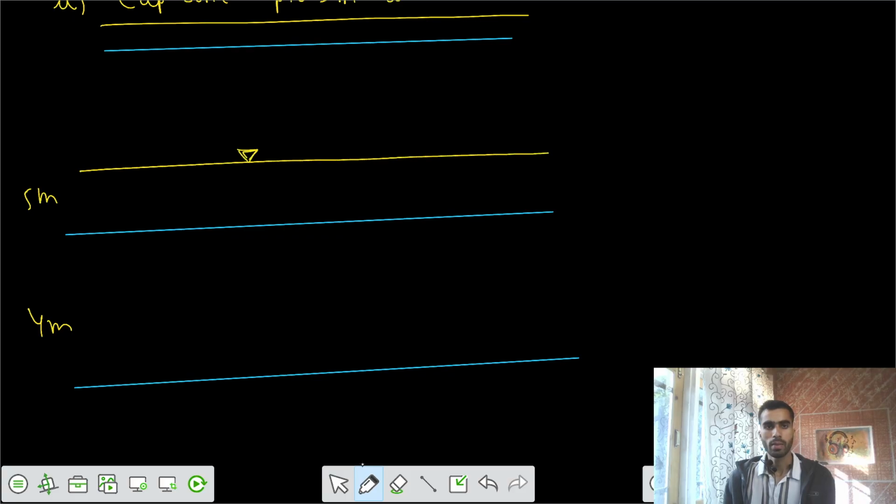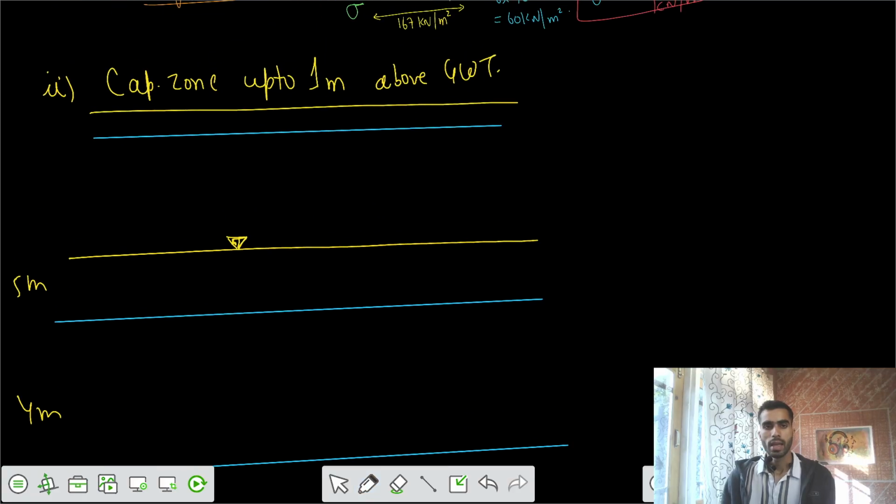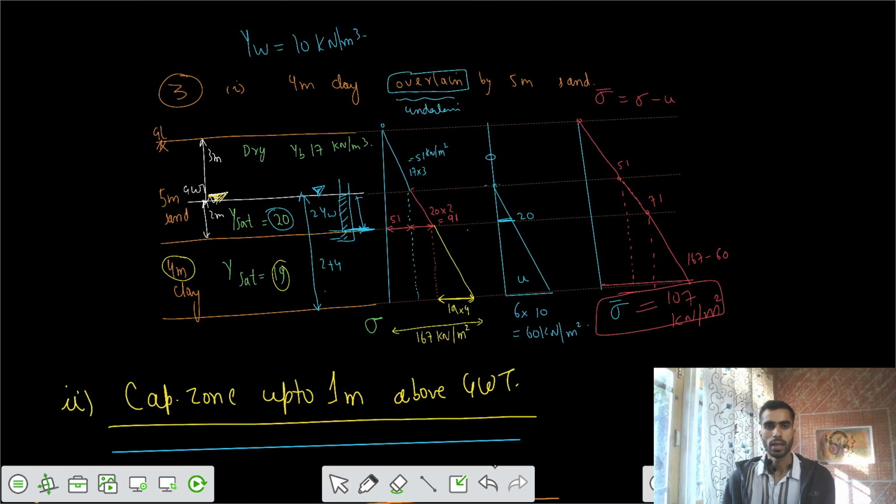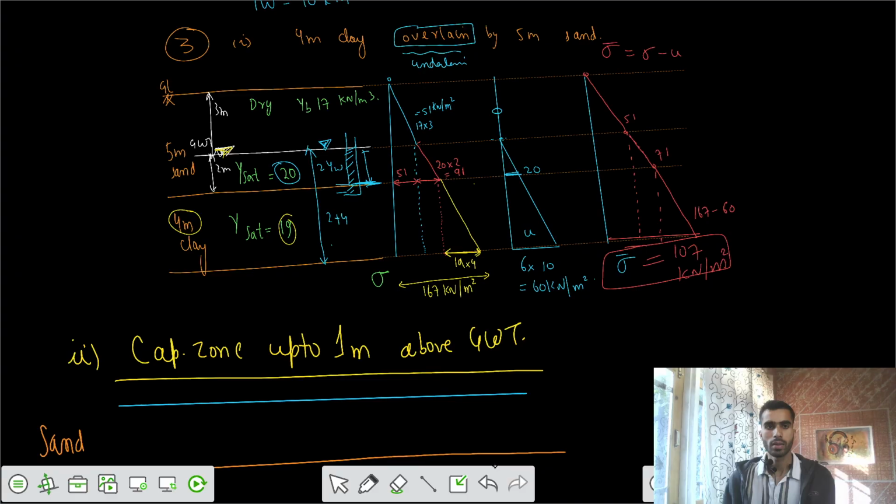And we have this water table, and we have one more thing, the capillary zone, which is 1 meter above the groundwater table. So a capillary zone has been developed finally. So this was your sand, and this was clay. Sand, clay. Okay, 3 meters.